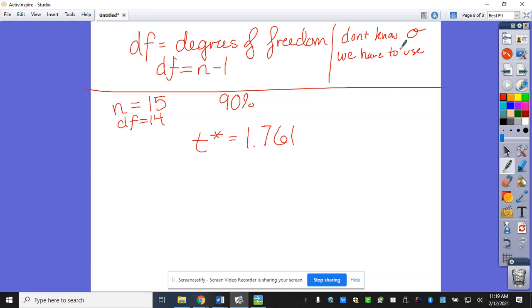We don't know the standard deviation of the entire population, but what can I probably figure out? Standard deviation of the what? Of the sample. So if we don't know sigma, and we have to use this from our population, that's when we use a t.